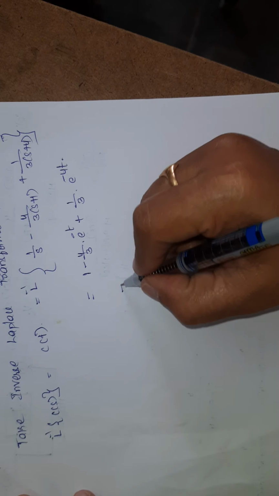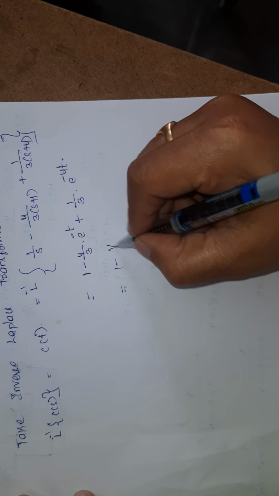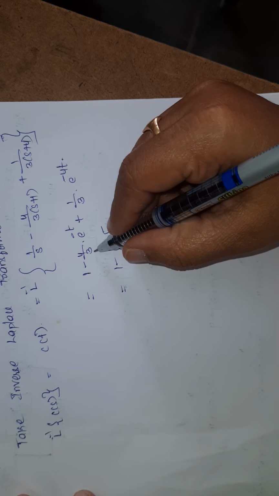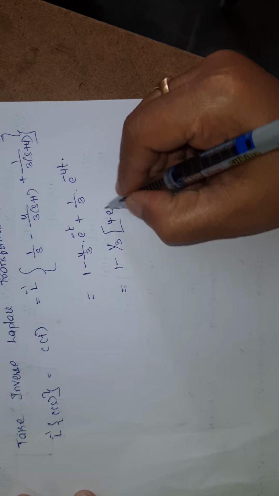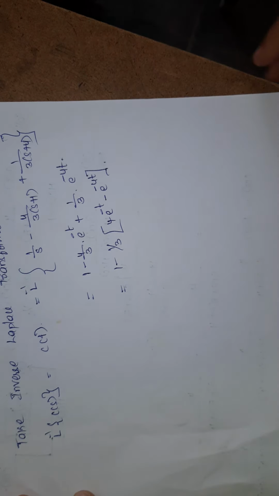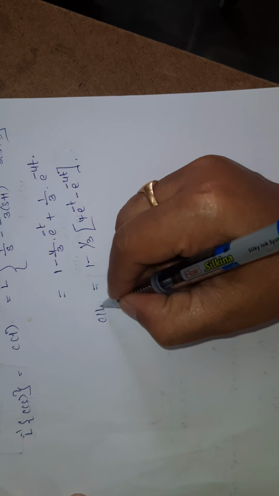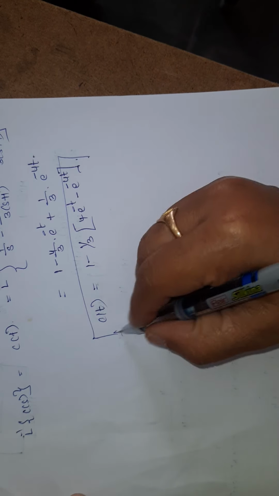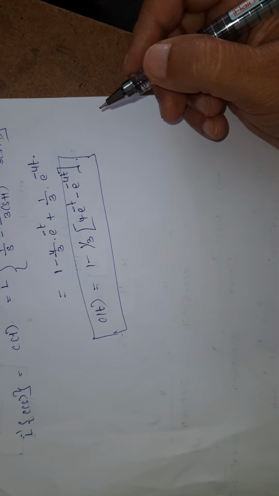Here we can simply take out 1 by 3 as common. So I will get 4 into e power minus t minus e power minus 4t. So this is the response for the given system. Thank you.